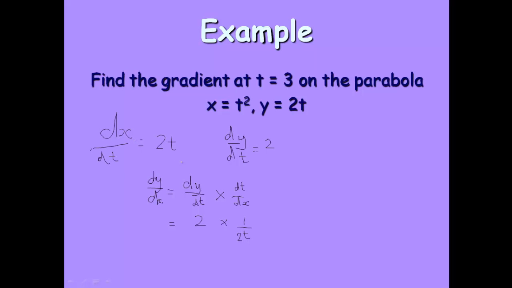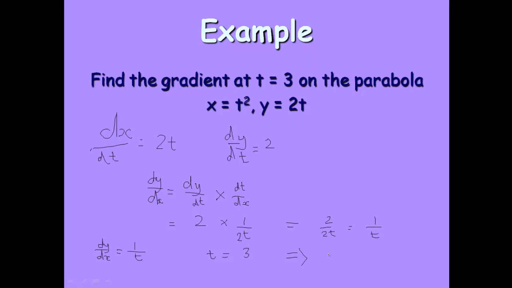If we flip it, we get 1 over 2t. So that gives us 2 over 2t, which equals 1 over t. So in other words, dy/dx equals 1 over t.